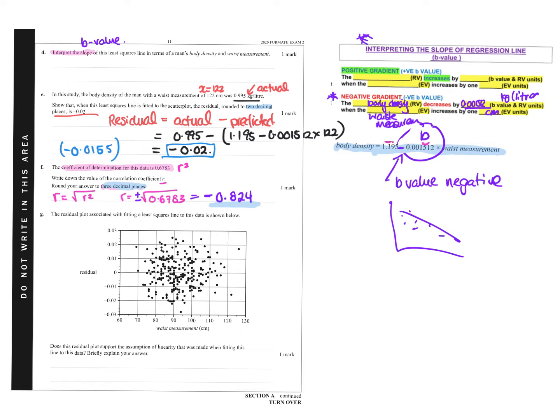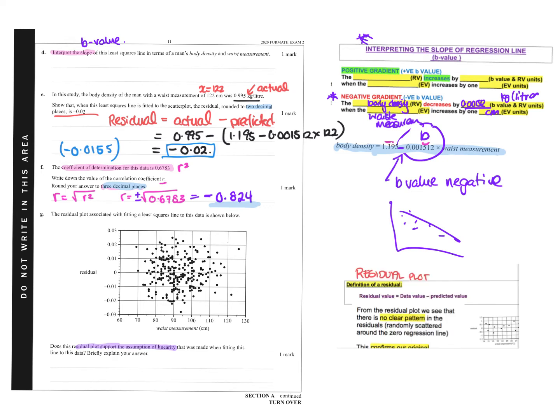Okay, so once they do all that, they've shown you now a residual plot. Does this residual plot support the assumption of linearity in the data? Briefly explain. This is on your summary sheet, so I'll just show you. Okay, so when we see no clear pattern in the residual plot, then that supports or confirms that it's linear.